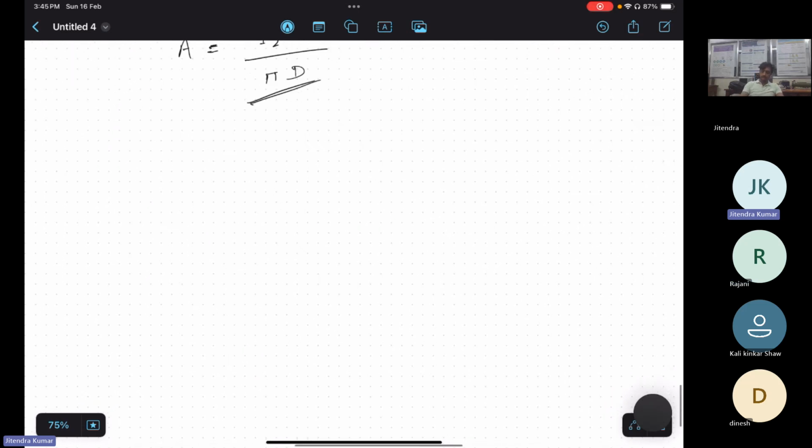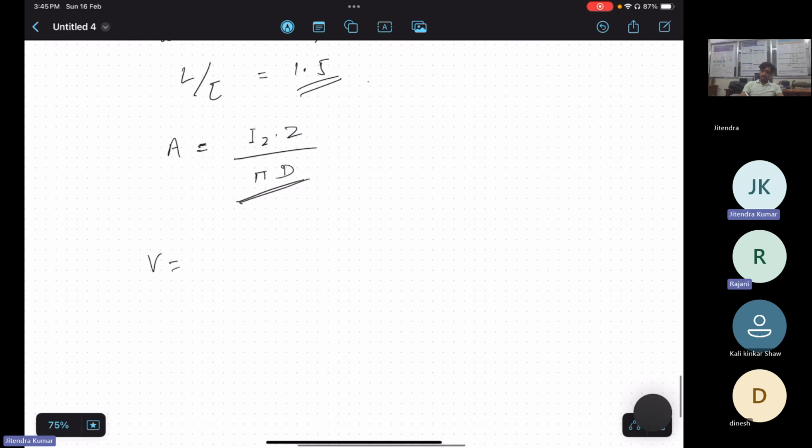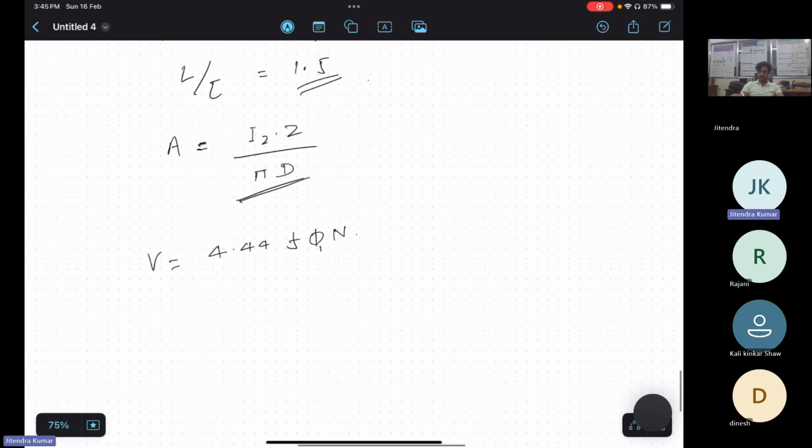So we can write V is equal to 4.44 into f into phi into N. Okay, f and N actually. And now, since we are dealing with AC machines, the winding factor will be multiplied, isn't it? Yes, sir.